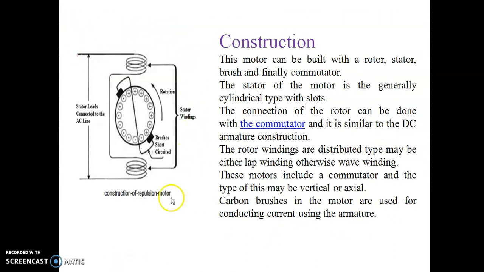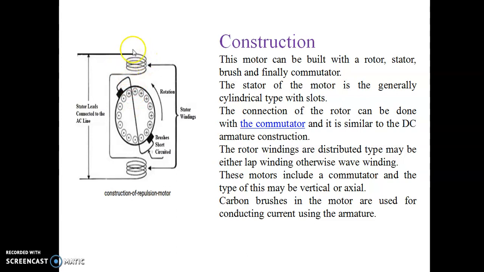Let us look into the detailed construction diagram of the repulsion motor. Here we have the stator windings at the top, which are of cylindrical type, in which the slots are provided, where we have the accommodation of armature conductors, whereas the rotor will be of smooth cylindrical type. The brushes of the rotor are normally short circuited, and the rotor is connected to the commutator externally.